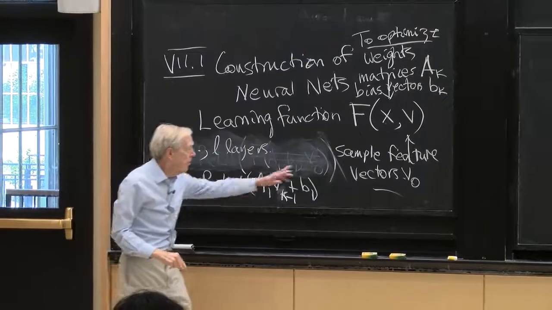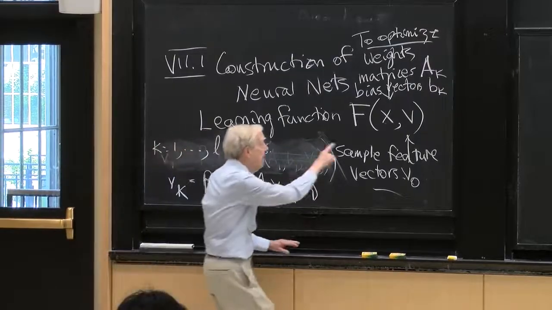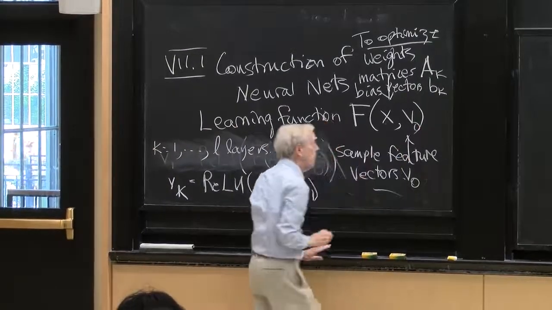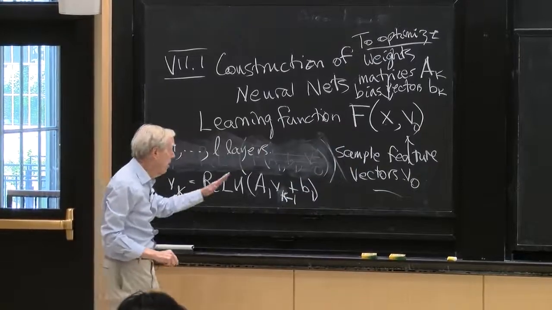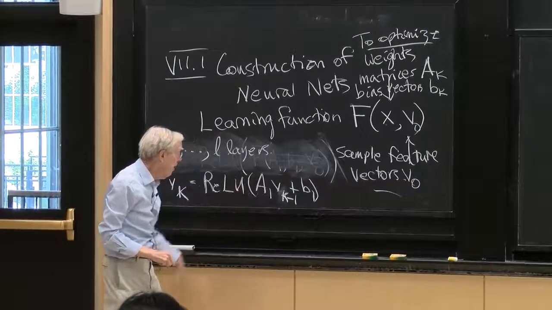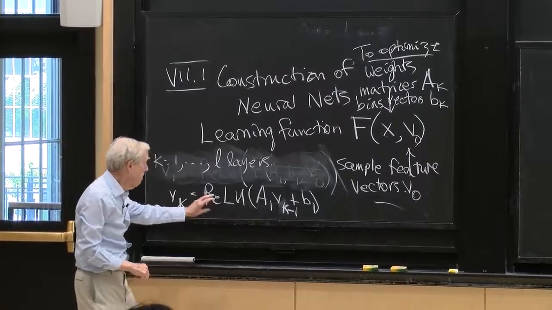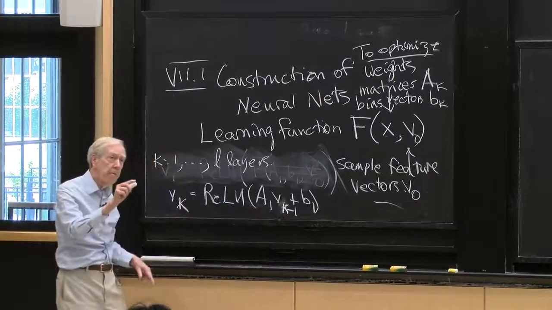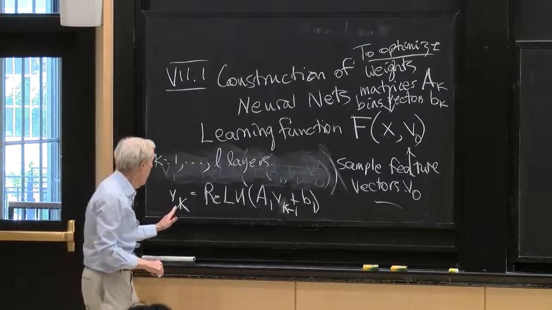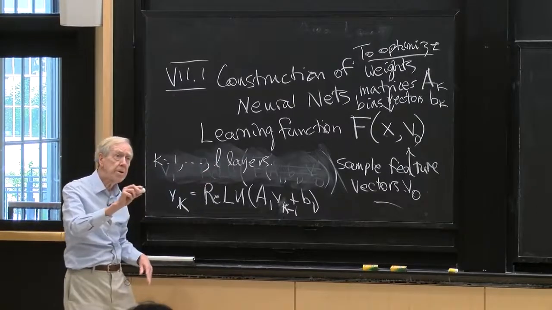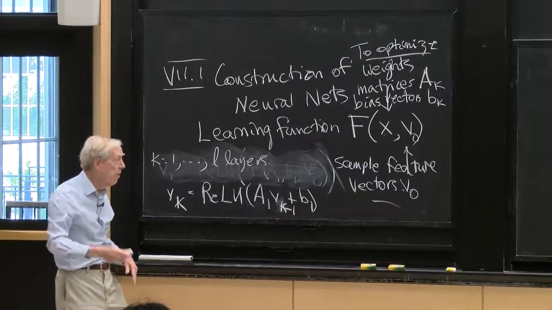So the input was V0. And this is the neural net, and this is the input and output from each layer. And then V_L is the final output from the final layer.